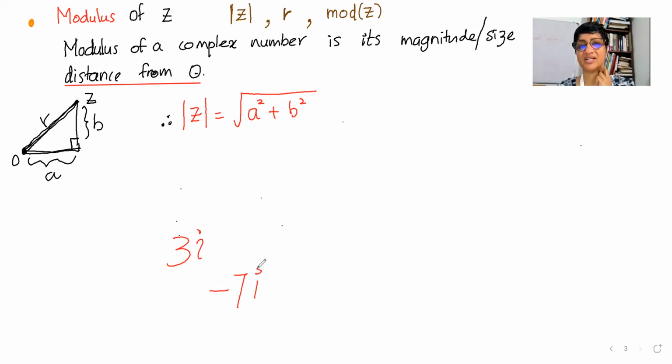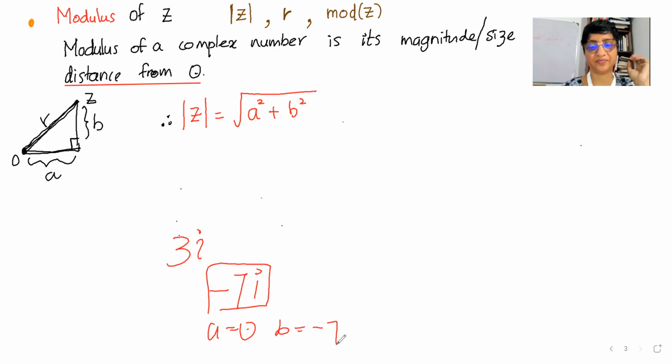What's the modulus of minus 7i? 7. Very good. It's 7 units down here from 0, so that length is 7. Because for this number, a is 0, b is minus 7. So even if you apply this formula, square root of a squared plus b squared, you still get 7.